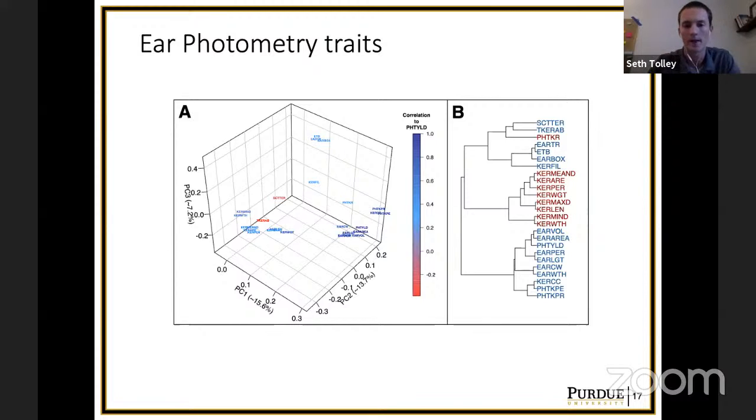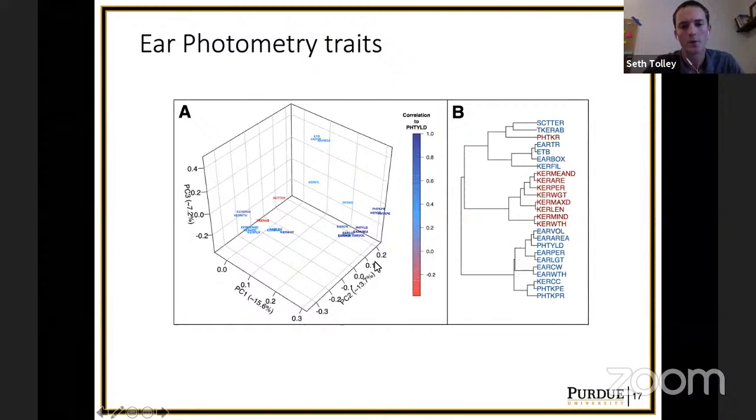Using principal component analysis, you can kind of look at this data in a little bit of a different way from clustering. So we have principal component 1 here, principal component 2, and principal component 3. Our interpretations were checked to make sure that they were orthogonal and that they were valid in that way. Along principal component 1, you can see that it was generally separated based on their correlation to yield, which is how this principal component analysis was clustered.